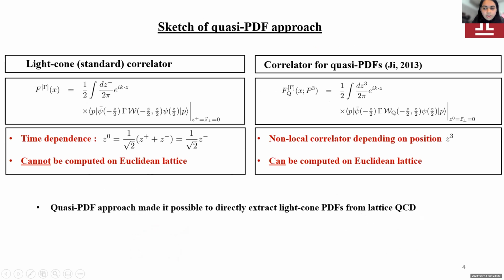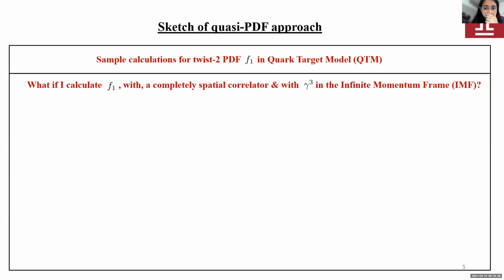This method relies on the extraction of matrix elements for boosted nucleons involving quark fields separated along the spatial z direction. Because of the spatial nature, they can be directly computed on Euclidean lattices. So the quasi-PDF approach has now made it possible to directly extract the PDFs from lattice QCD.